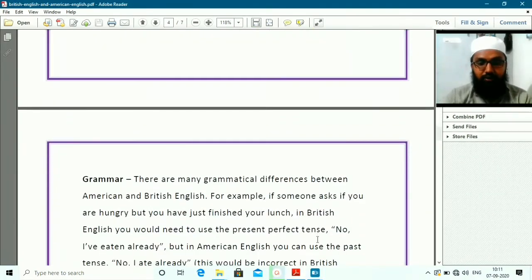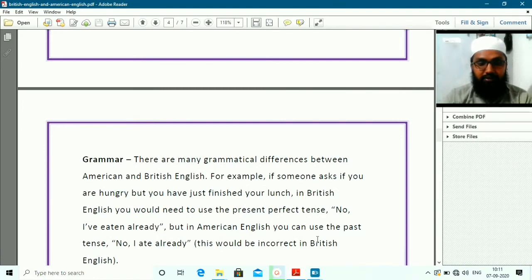This is what the differences are between British English and American English in spelling. Let us see grammar. There are many grammatical differences between American and British English.